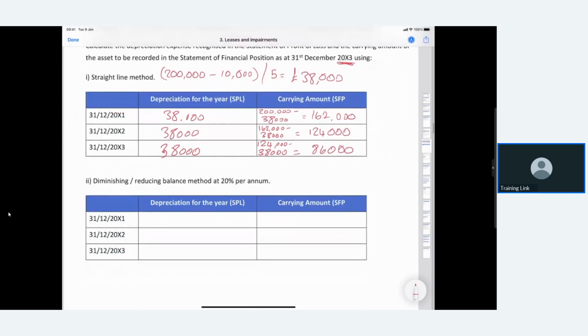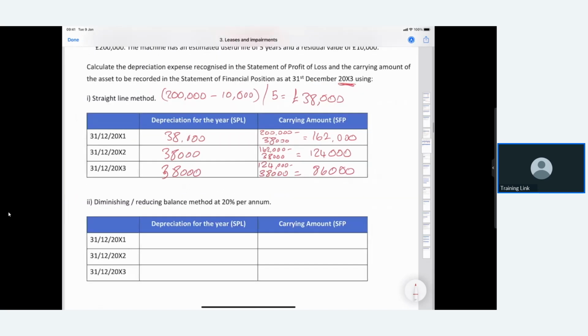We'll now do the same, but with the diminishing or reducing balance method, which does not take into account residual value. So what we would do is 200,000. And remember, this is calculated on the net book value each year. So 200,000 times 20%.